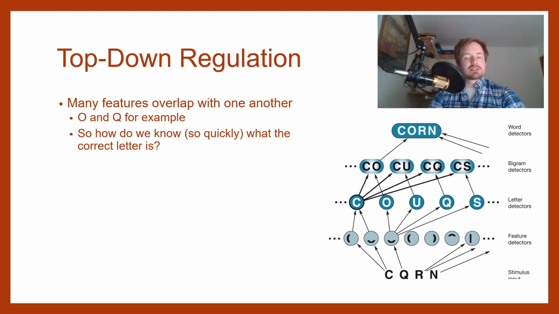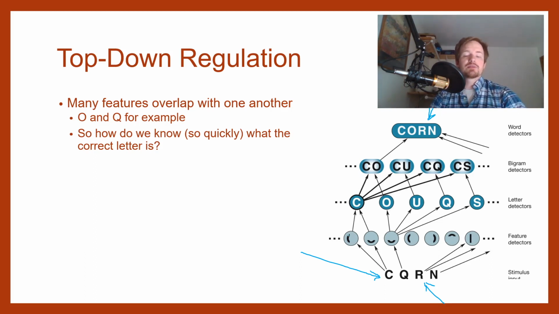So if, for example, you were given this array of letters right here, and it was flashed in front of you for a quick second, CQRN, there's a very good chance that you would mistake that for the word corn. But why?